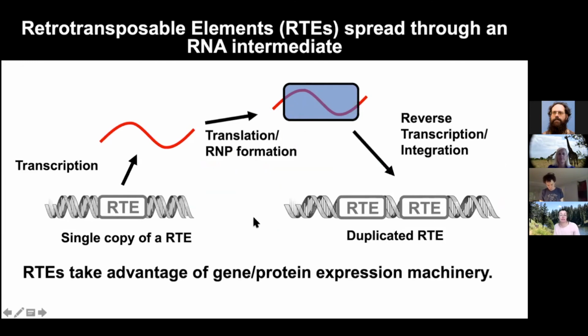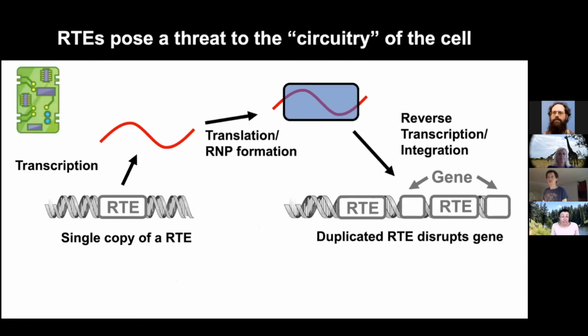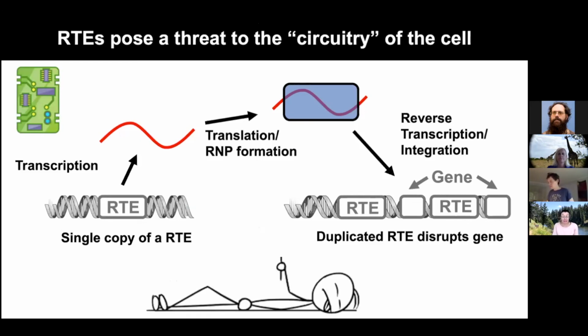Thus they take advantage of the host, us, our gene, protein, and expression machinery. These retrotransposons pose a threat to us because they tend to insert themselves into actively transcribed parts of the genome. If they insert within a gene, in a protein coding region or a regulatory region, that can be bad and could even be potentially lethal.